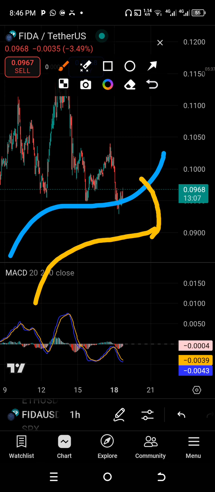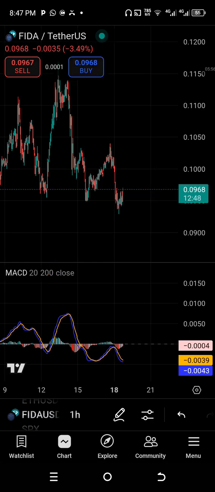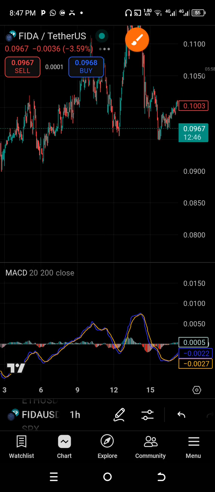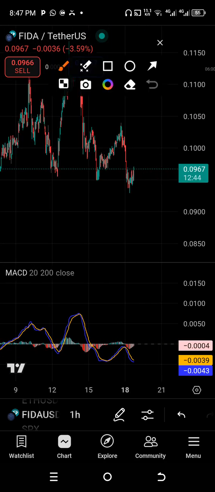It looks back over 200 candles, and the blue line forms after it takes a look at about 20 candles. Are you getting me? So when this blue line is moving, assume this is our yellow line.